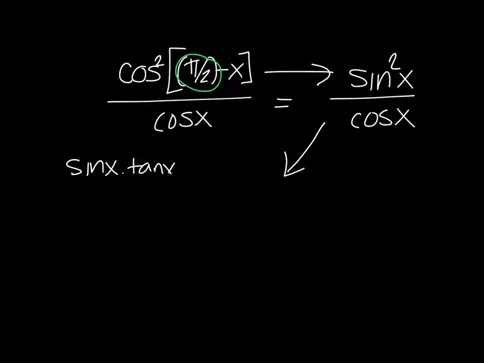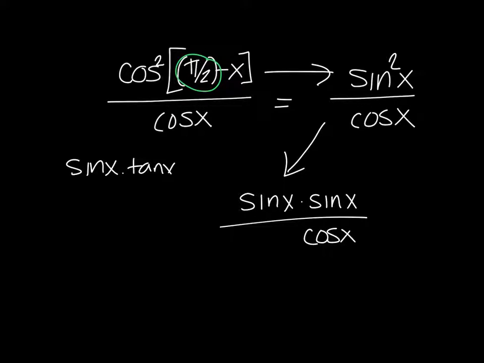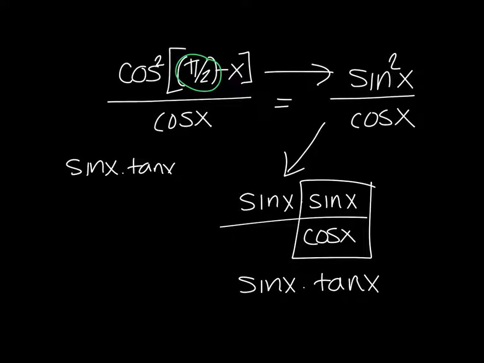I'm going to write sine of x times sine of x instead of sine squared over cosine x. Yeah, you can break it up. That's what squared means. Take it times itself, right? Now, sine over cosine is tangent, so this is really sine times tangent, which was d.